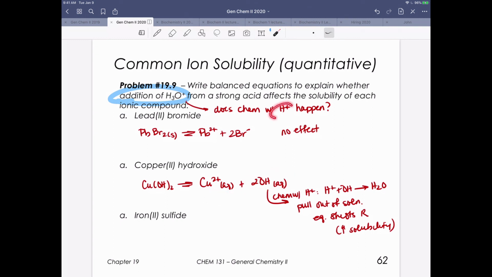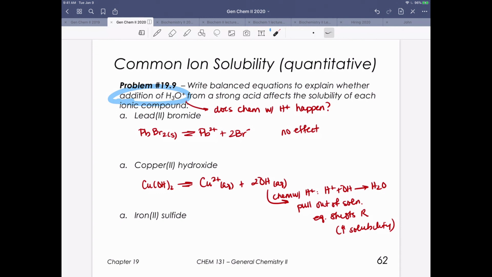Well, H+ certainly is going to want to do some chemistry with OH-. It's going to want to generate water. So in doing so, we would pull this hydroxide out of the solution. That's going to be a pull on our equilibrium, which shifts the equilibrium to the right. Shifting the equilibrium to the right with this kind of an equilibrium means we increase the solubility of copper hydroxide.